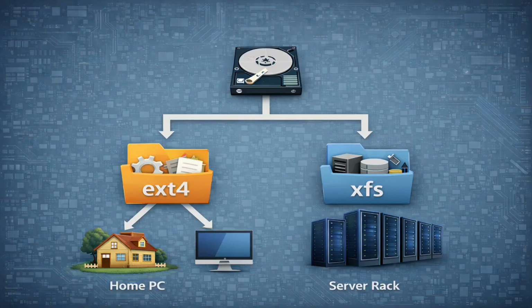So the chain looks like this. There is a physical disk, partitions are created on it, a file system is created on a partition, and only after that Linux can mount it and work with files and directories.